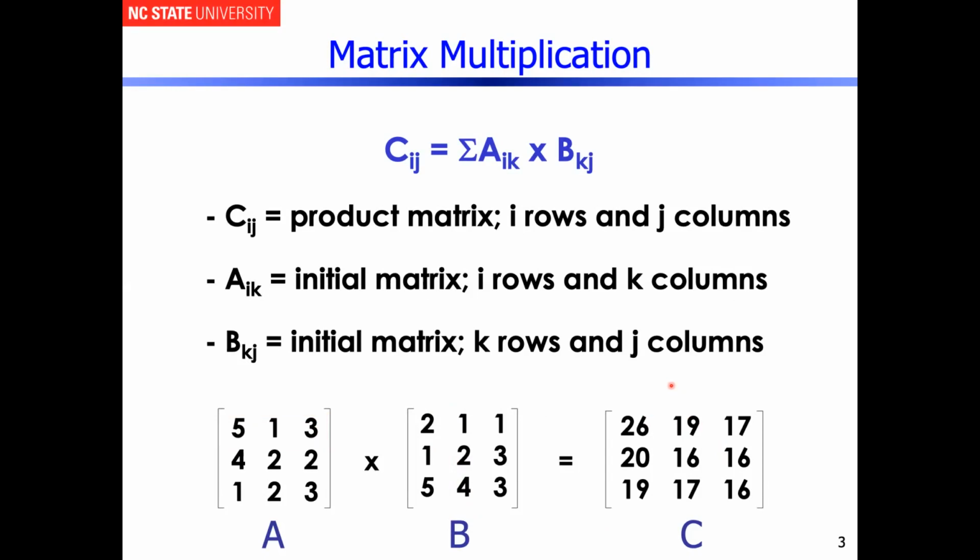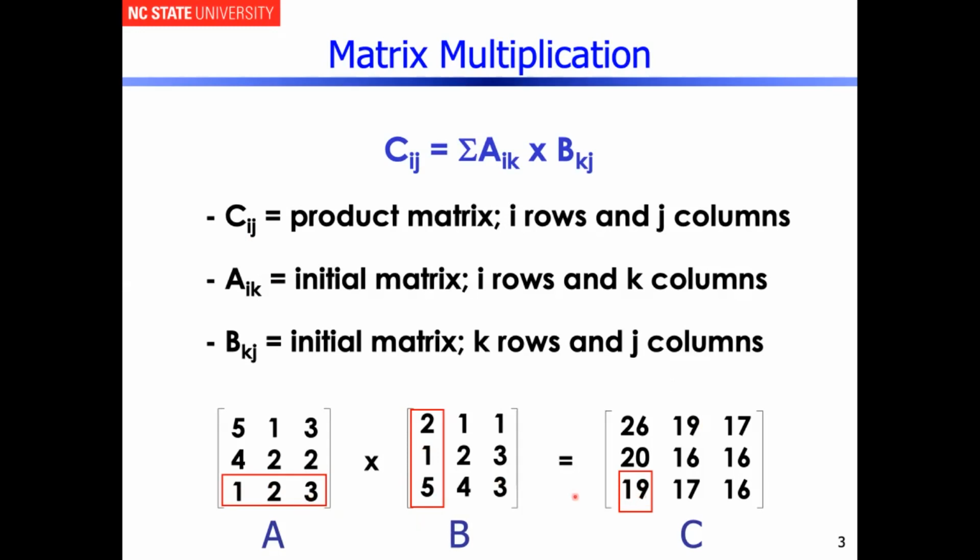In a more general formulation, let's take a look now at what happens if I pick the third row in matrix A and the first column in B. And you can kind of see where this is going. Because this is the third row, I is going to be 3. So we're going to be entering the value for 19 right here. And the way that this is going to work again is 1 times 2 plus 2 times 1 plus 3 times 5.